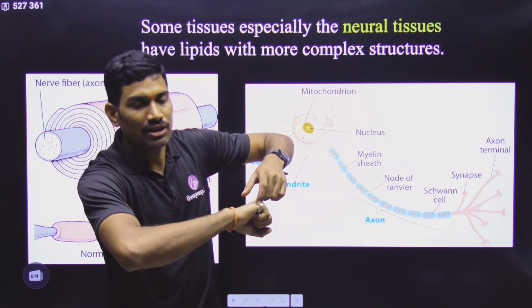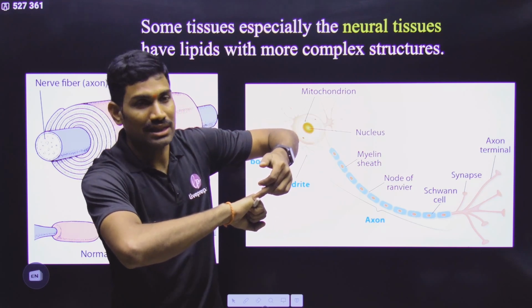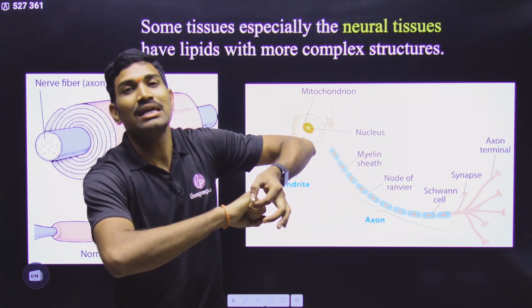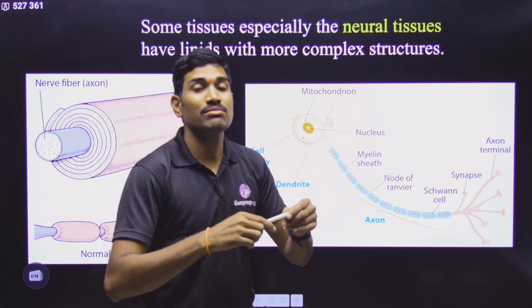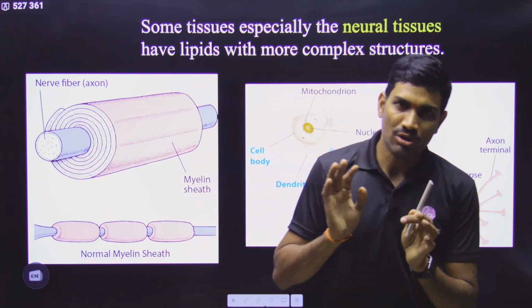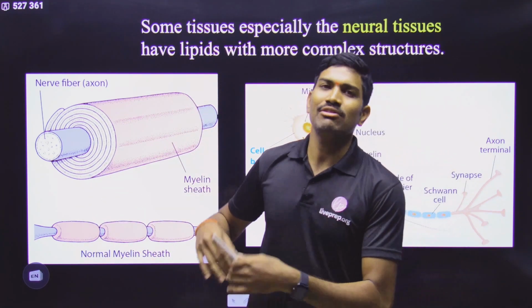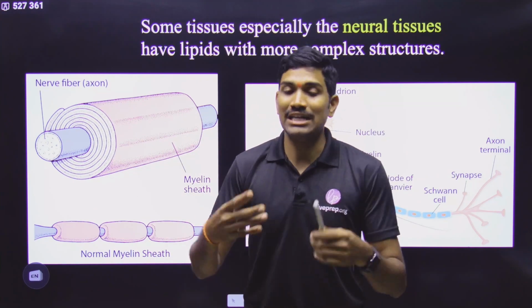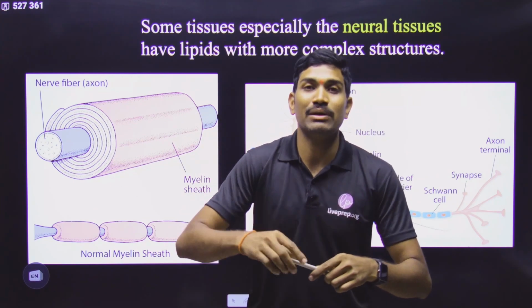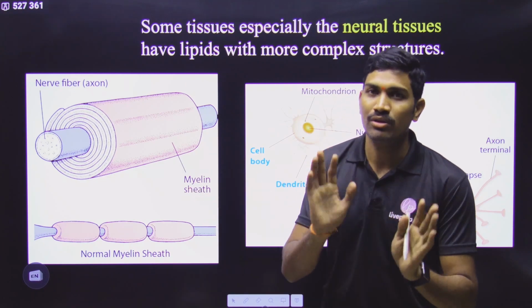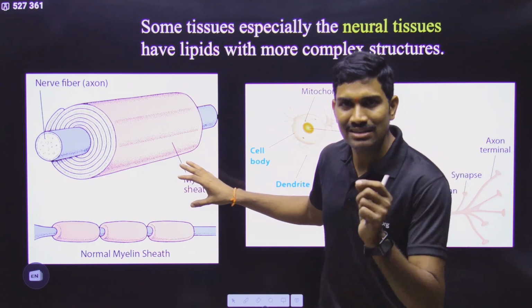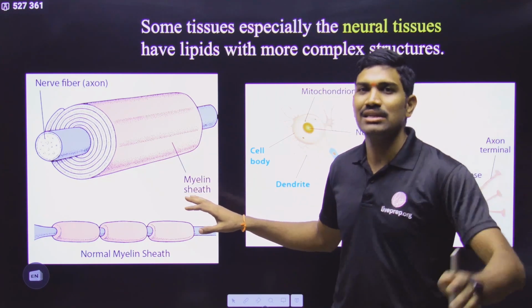What this Schwann cell will do? On the inner side of the Schwann cell, that means just above this axon, it is making one lipid layer. It is not only having lipids, it is also having some other components, but majority of the content is called a lipid, and that particular layer is called myelin sheath. I hope many of you know about at least the name. Don't worry, we will study these details separately.